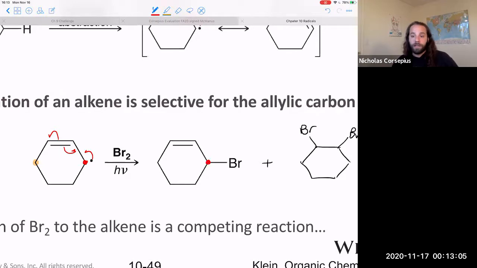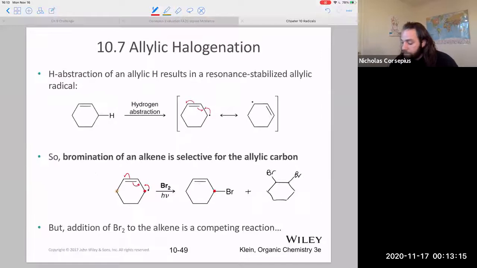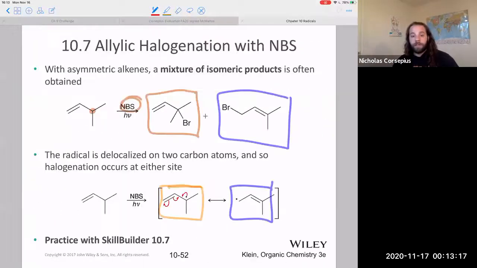So it's not always that you're going to get two products, but you do always have to watch out for what's going to happen if that double bond moves. When you're doing these reactions, generate your first expected radical, then through resonance, move it over and see if you've gotten a different product, just like we did in this example here.